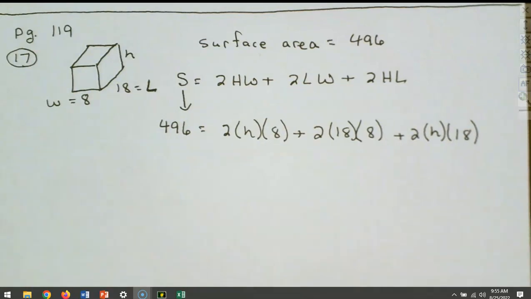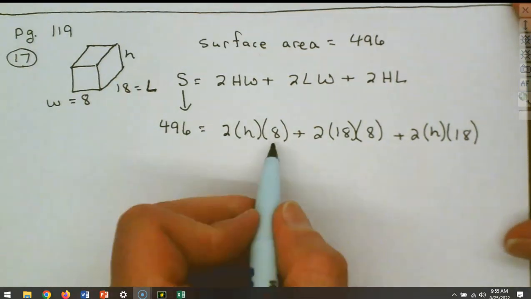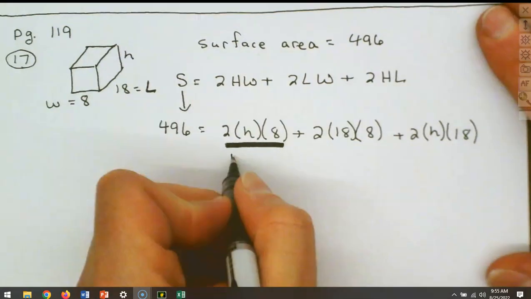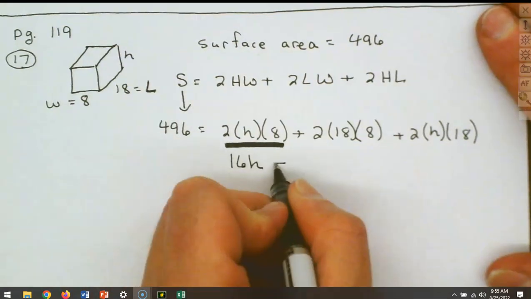Now we're going to take a moment to clean this up before we actually start solving it. So we're going to go through each part. We're going to clean it up. We're going to see what we can combine together and then solve it. So let's clean that up a bit. We've got 2 times the 8. Okay, 2 times 8, that makes it a 16H here.